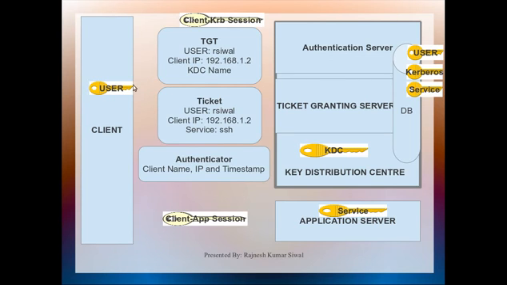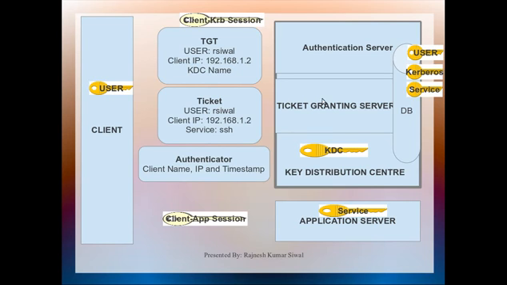The authenticator was created by the client, including the client's IP, username and timestamp. So it matches the details, username and IP address. In case they match, it is fine, because the TGT is such a thing that cannot be tampered with, because the private key is known only to the key distribution center.